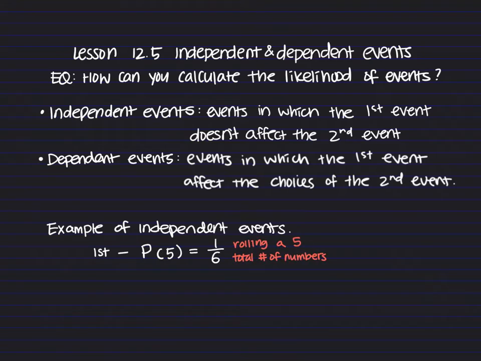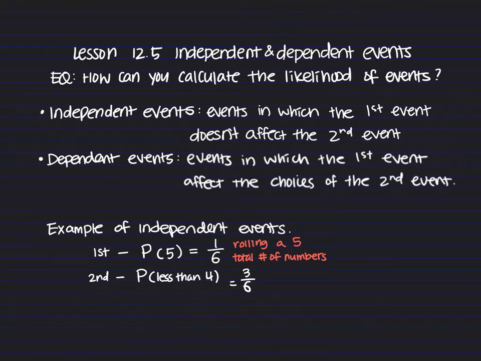Let's say for the second try, I am going to try to roll a number that is less than 4. So I can indicate my probability, and the condition is that the number needs to be less than 4, and I have 3 numbers, 1, 2, and 3, that are smaller than 4.